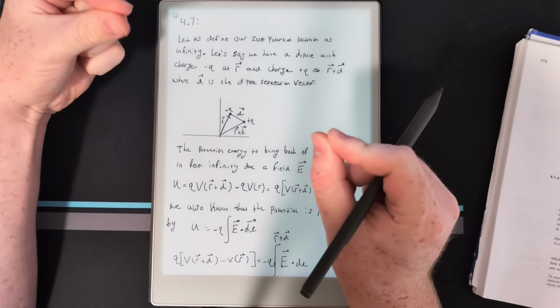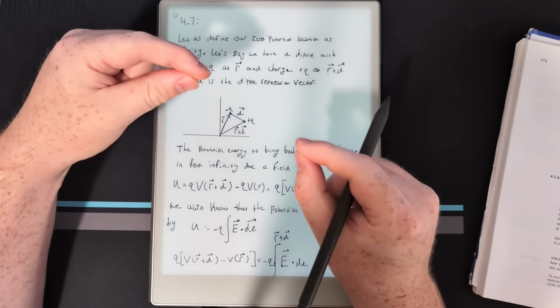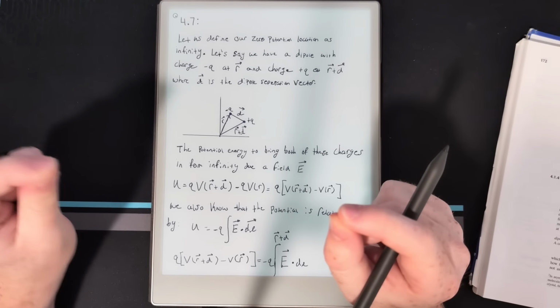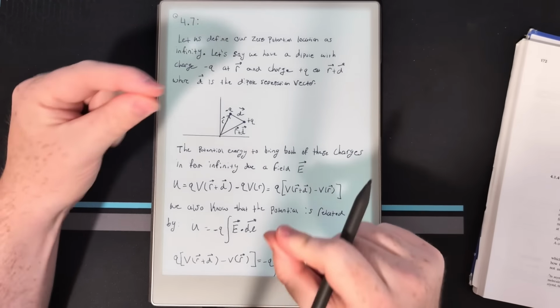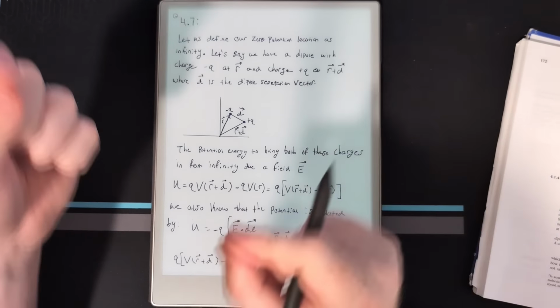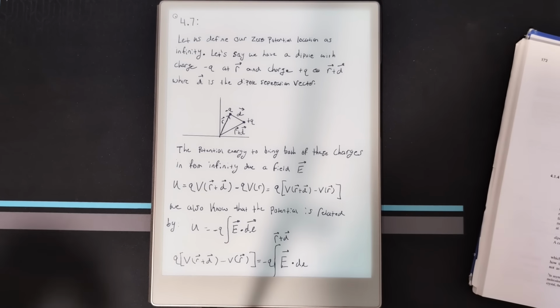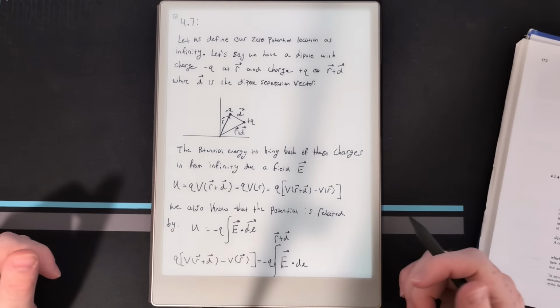These charges exist, and because of what we've learned about dipoles inside electric fields, there are going to be forces and torques acting on these charges. So these charges are going to want to twist and turn and line their dipoles up with the field. So there's some amount of potential energy stored just in the fact that this electric field is present.